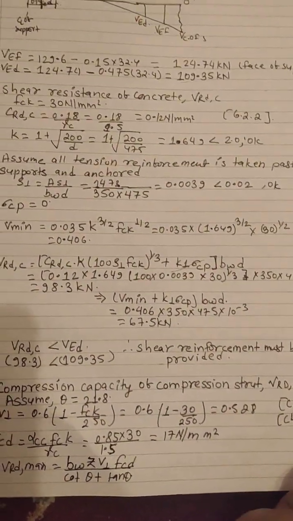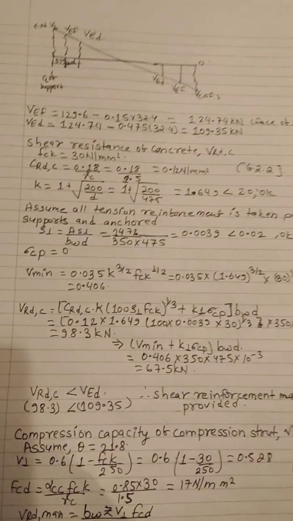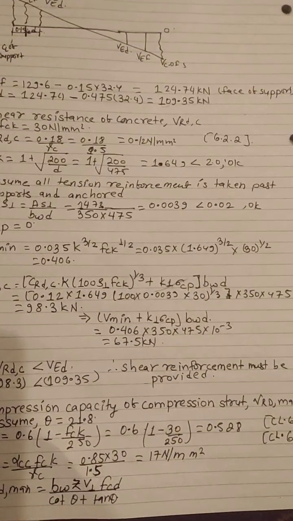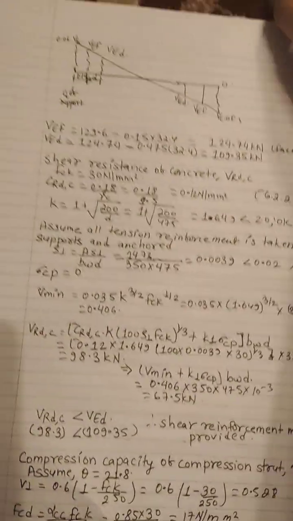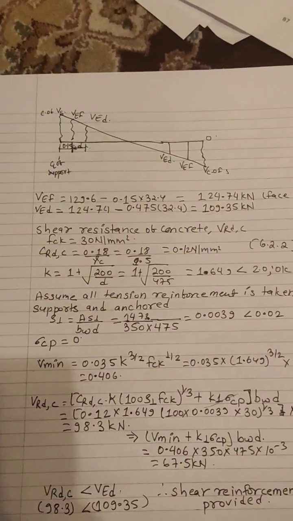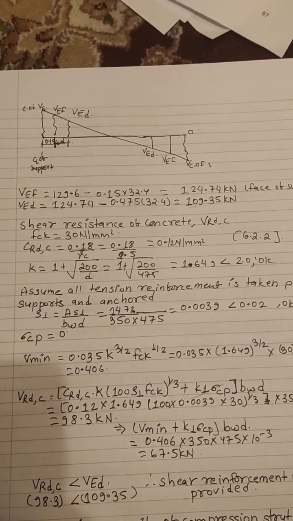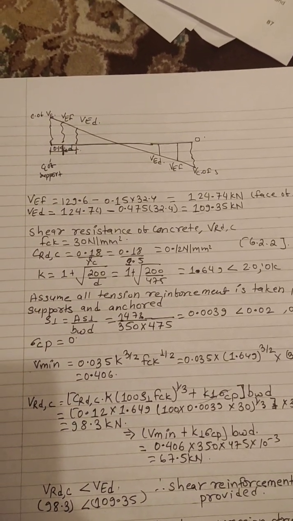Now we are going to calculate whether our beam concrete will satisfy the shear resistance or not. For that we need to check the minimum shear resistance and the design shear resistance.